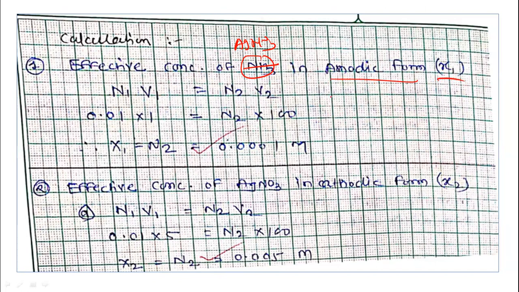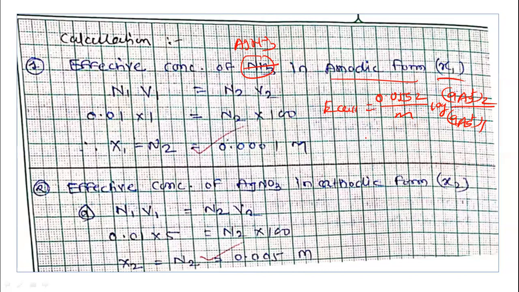Because we have written this formula, once again I would like to write the formula here. EMF of the cell is equal to 0.0592 divided by M, log of the activity of the silver ion of the right side divided by the activity of the silver ion of the LHS side.